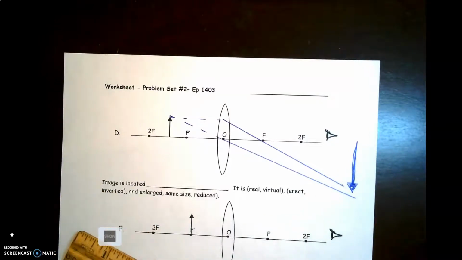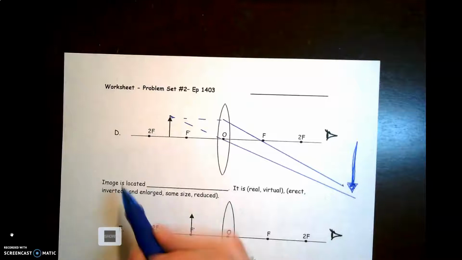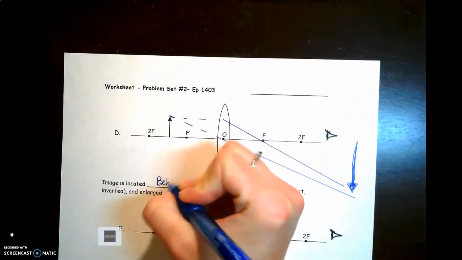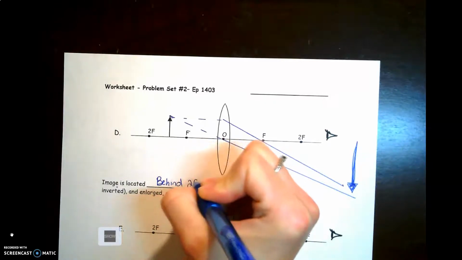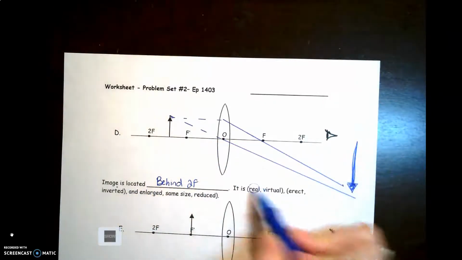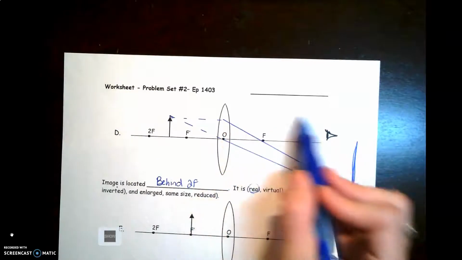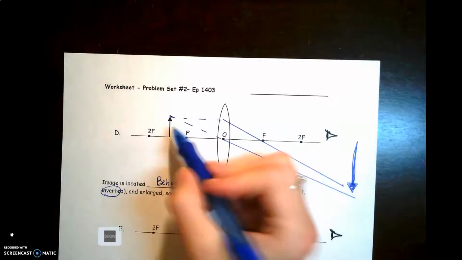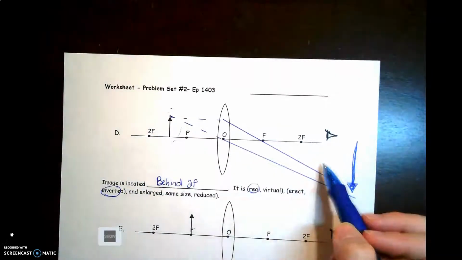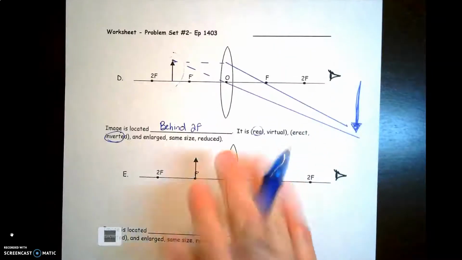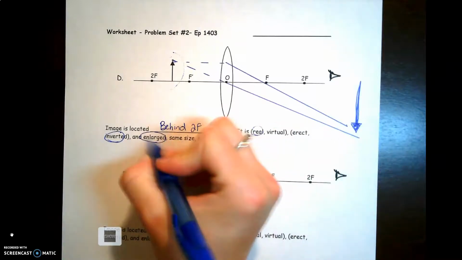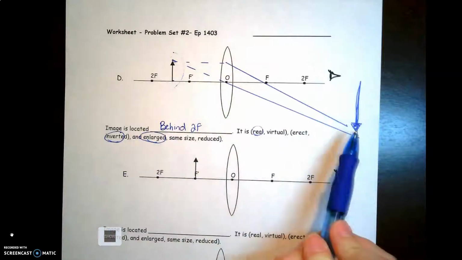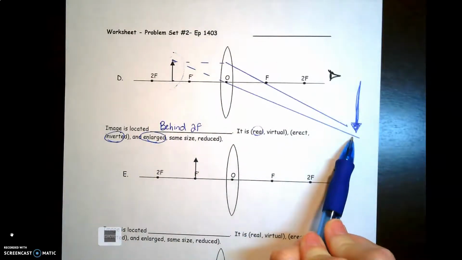The image is located behind 2F. It is considered real because, again, it's located on this side of the lens. It is inverted because it was pointed up, but now it is pointed down. And it would be considered enlarged because it started out this size, and the image would now look larger.